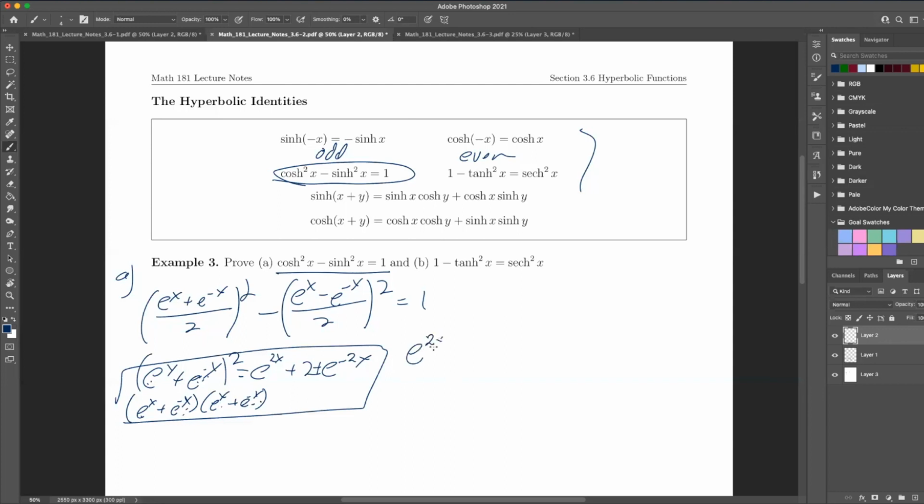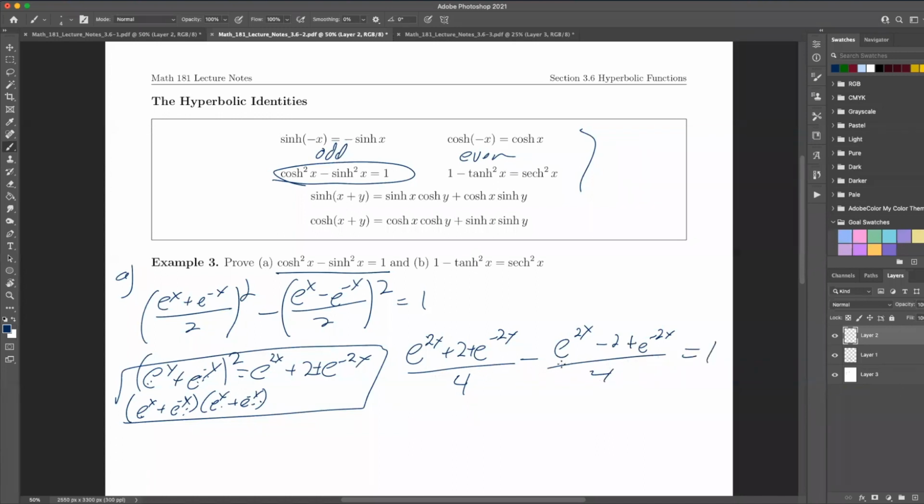So this will be e to the 2x plus 2 plus e to the minus 2x over 4, minus e to the 2x minus 2 plus e to the minus 2x, all over 4, equal to 1.